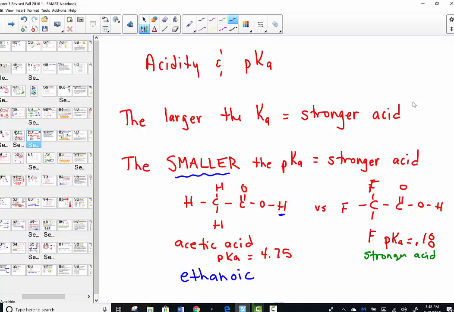Let's remove these hydrogens and replace them with a much more electronegative element like fluorine. That creates the electron density being pulled away from that proton, and those fluorines are really hogging that electron density, pulling all the electron richness towards themselves, leaving this proton very, very highly positive.